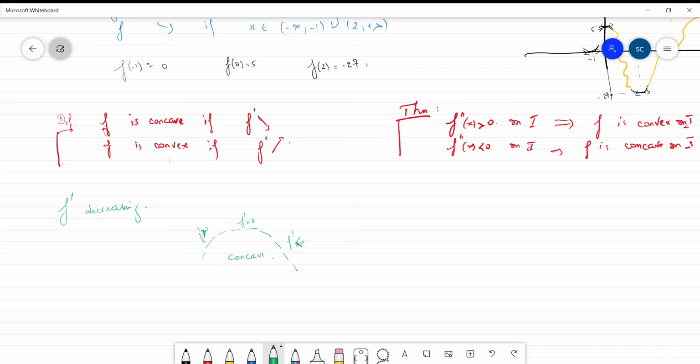When F prime is increasing, we have the slope starting small, negative, but it starts to increase, becomes 0, increases, positive, and so on.